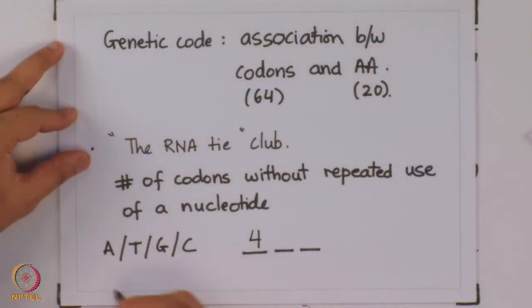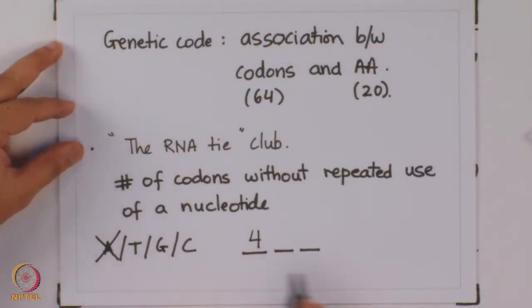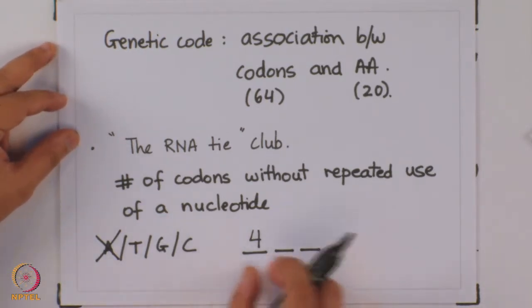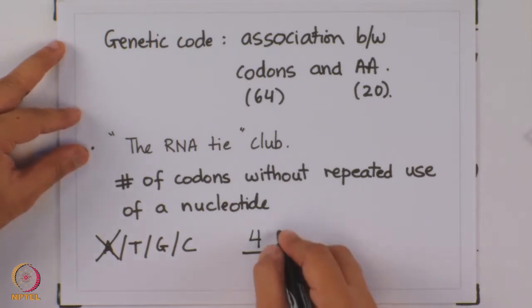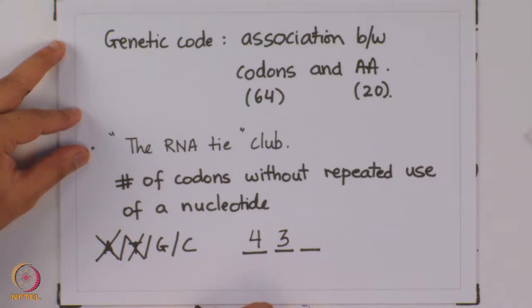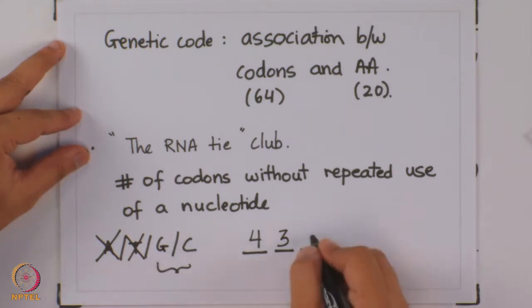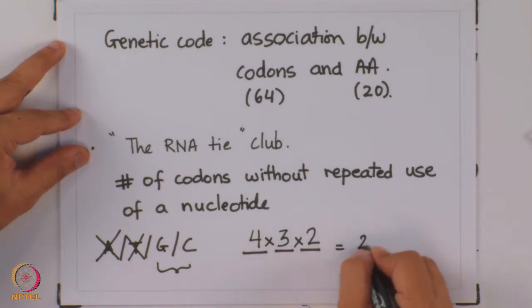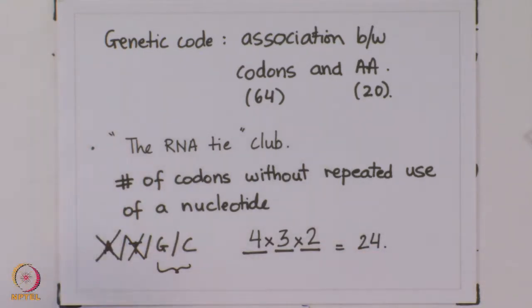The second position, because we have used one of the 4 up, leaves us with only 3 options, leaving out the one that we have already used in the first position. And for the last position in this codon, we are left with only 2 choices. 4 cross 3 cross 2, which is equal to 24, still not quite equal to 20.